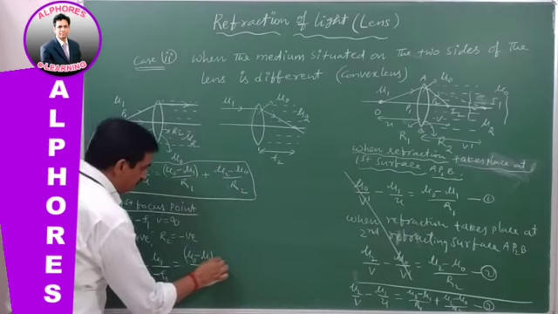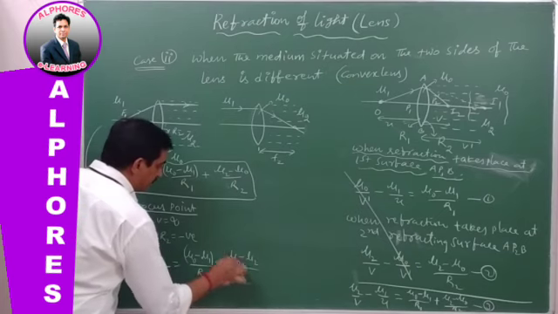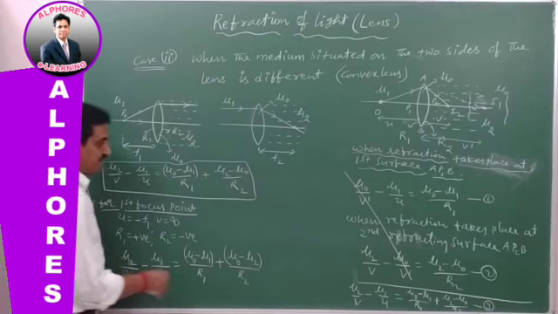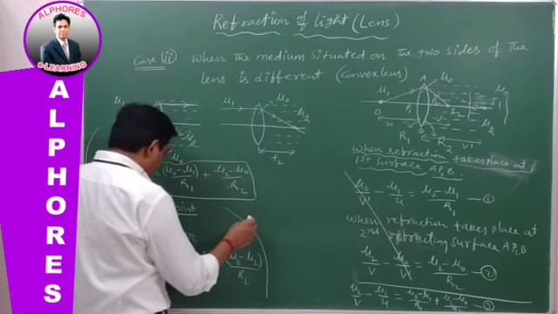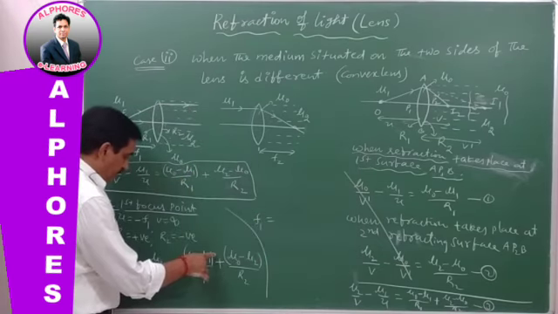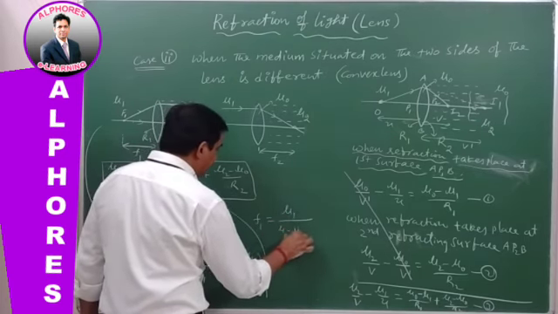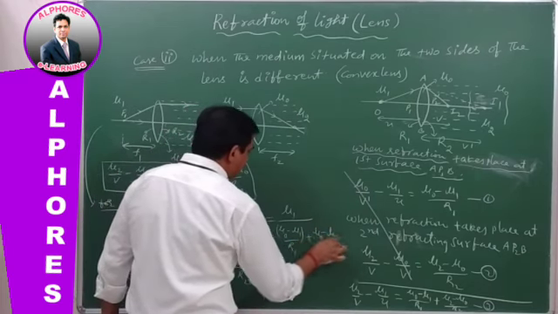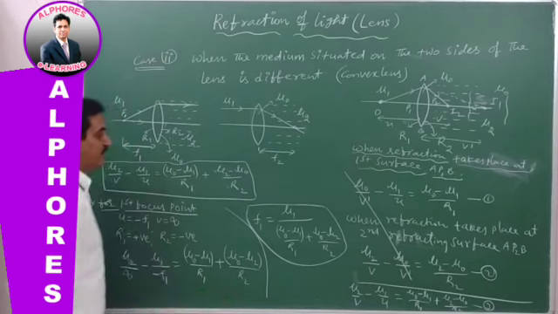Therefore plus mu2 by R2. So mu2 by infinity is 0, and minus times minus becomes plus. Therefore finally you will get mu1 by F1. By simplifying, F1 is equal to mu1 by mu0 minus mu1 by R1 plus mu0 minus mu2 by R2. So this is the first focus point formula.